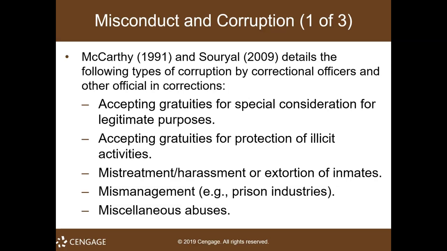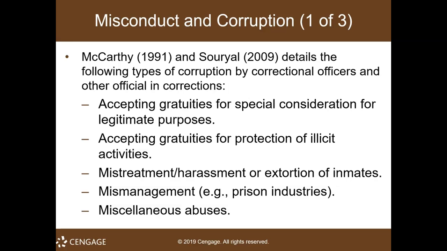Now, McCarthy in 1991 and Sorial in 2009 detailed the following types of corruption by correctional officers and other officials in corrections. So they gave us a list of some of these things that take place, right? Accepting gratuities, free stuff, for special consideration for legitimate purposes.